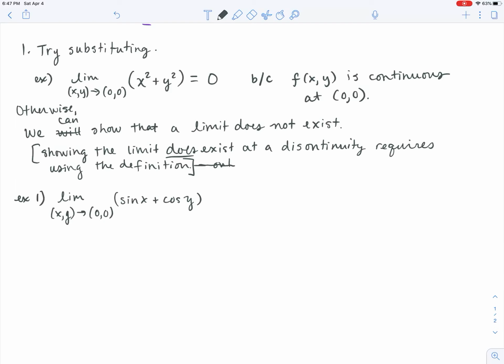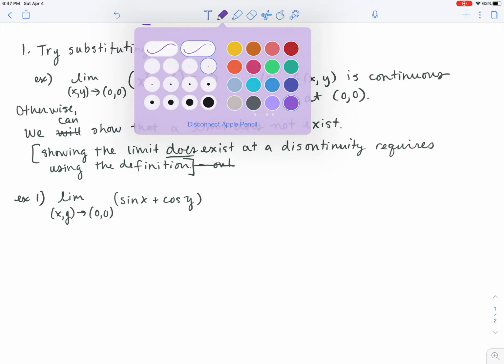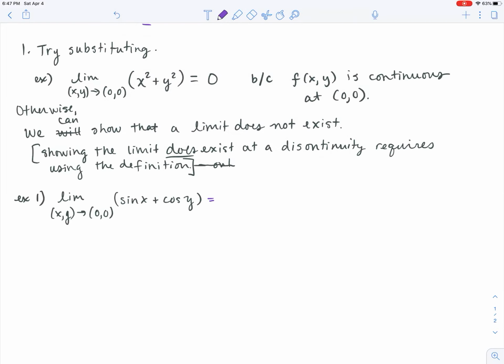So these are both continuous functions. Sine and cosine are both continuous functions. So to do this, we're just going to plug in. If we plug in 0 here and 0 here, we're going to get 1. So this one was continuous, so it had a limit.